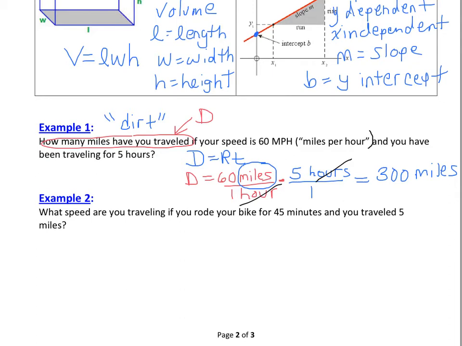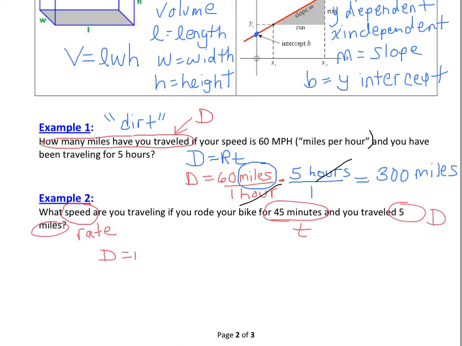What speed are you traveling? Speed stands for the rate. So this time we're trying to solve for the rate, r. If you've traveled for 45 minutes and you've traveled 5 miles, so the 45 minutes is time, and the 5 miles here is our distance. So again, write down the formula.